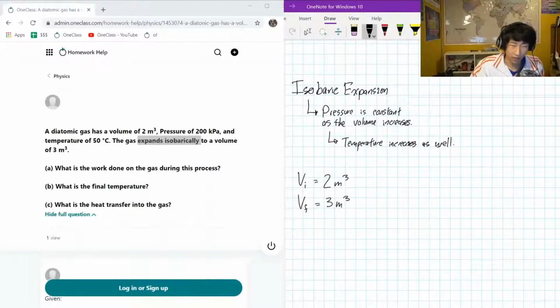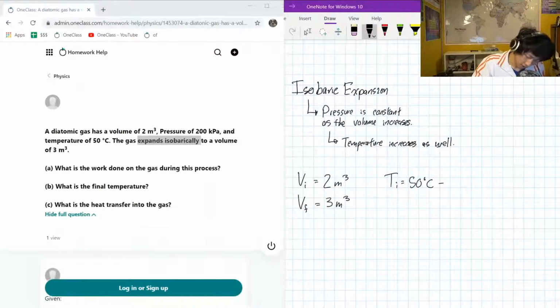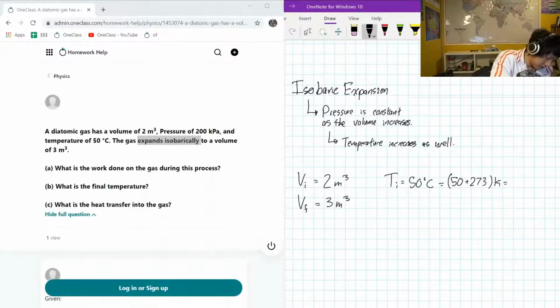The temperature initially is equal to 50 degrees Celsius, but we want to convert this to Kelvin. So 273 plus 50 is 323 Kelvin.